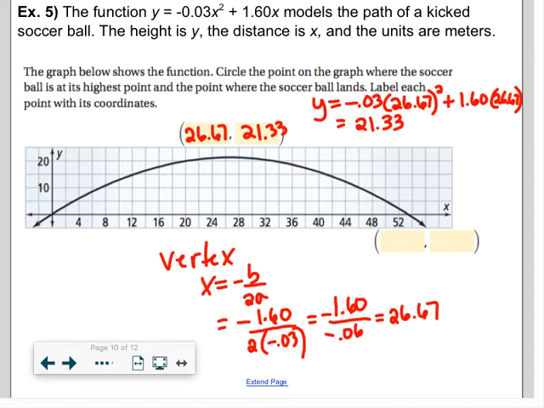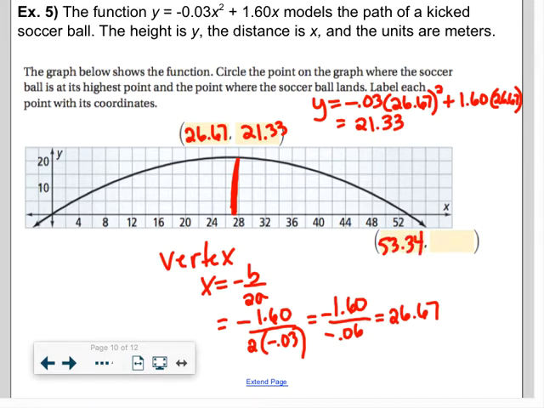So now this is the halfway point. If this is the halfway point, what do you think it is when it hits the ground? It's going to be 26.67 times 2, which is 53.34.